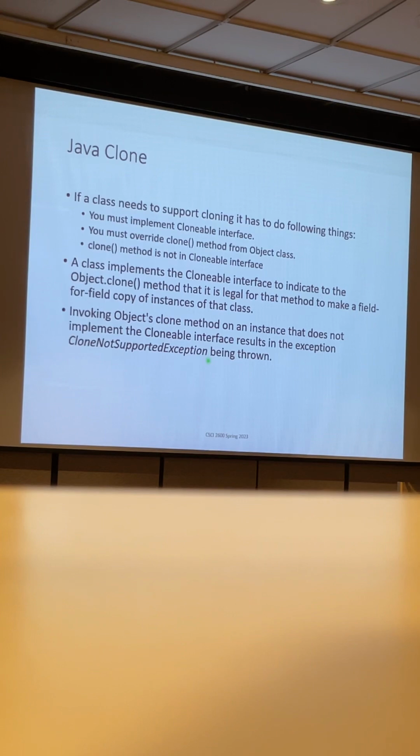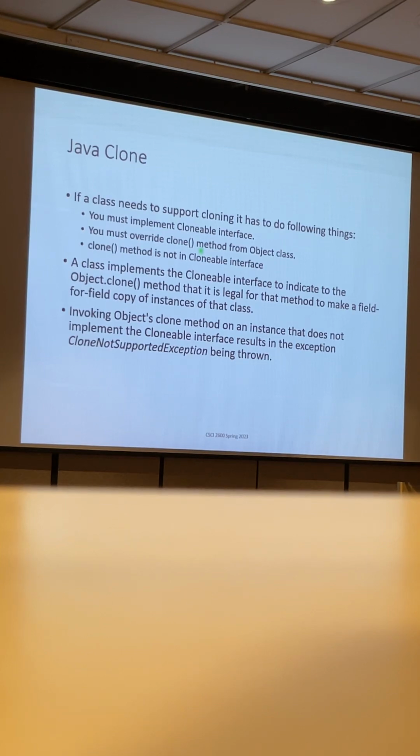You implement an interface because if you just override the clone method, the compiler doesn't really know about it. So you have to explicitly say that not only do I override clone, I say that I override clone by implementing this empty Cloneable interface.